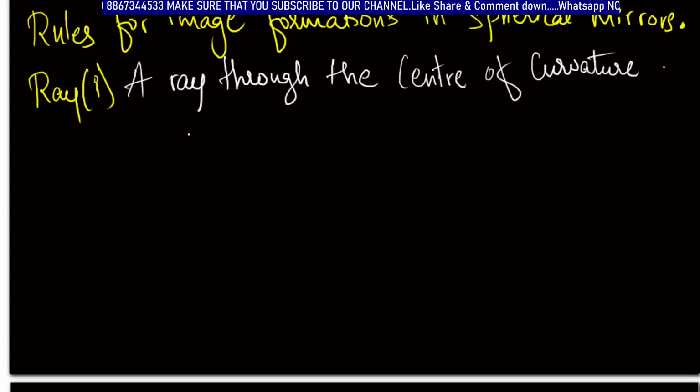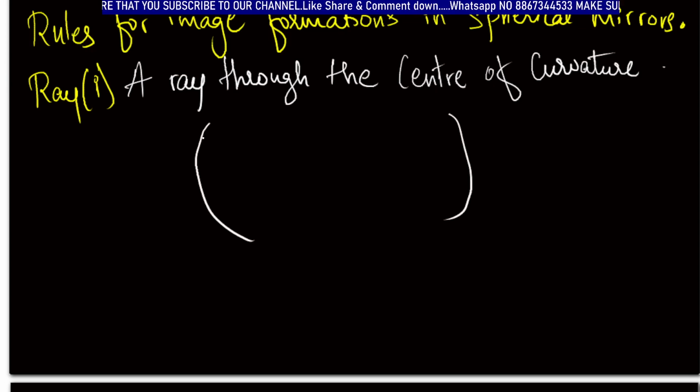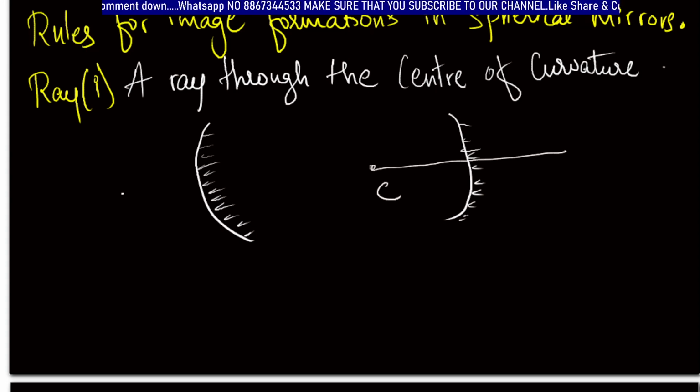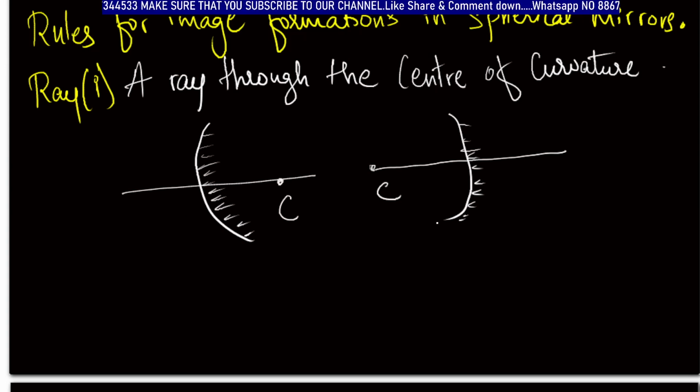Consider two mirrors. This is convex mirror, this is concave mirror. This is the C, right? So ray first will be the ray through the center of curvature.